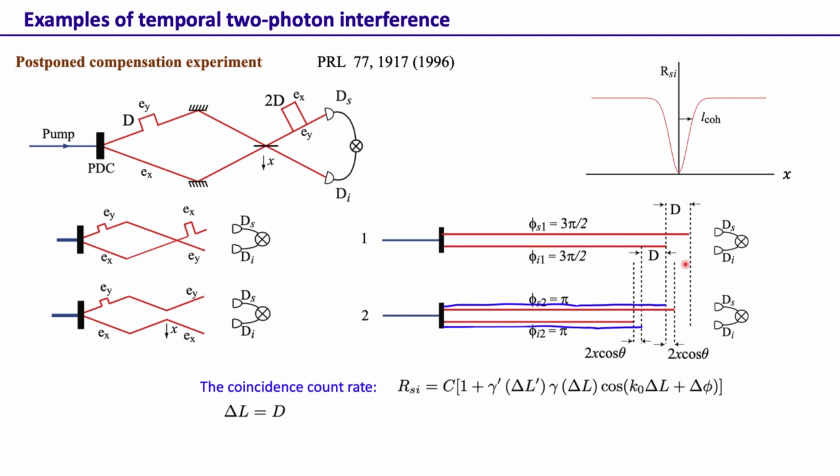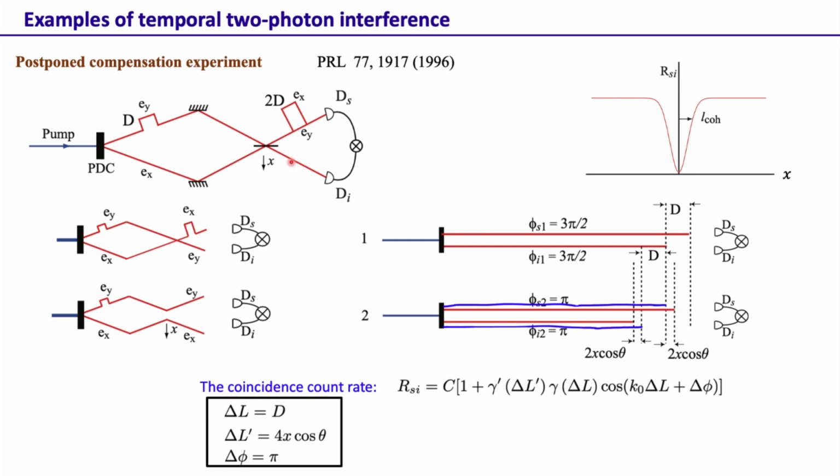Delta L in this case is the separation between this midpoint and that midpoint, which is just D. Delta L prime is 4x cosine theta, because this difference and this difference are equal, so their difference is 0. So in the balance position, delta L prime is 0. It's only when we introduce x that we get delta L prime, and that's 4x cosine theta, and delta phi is just pi.